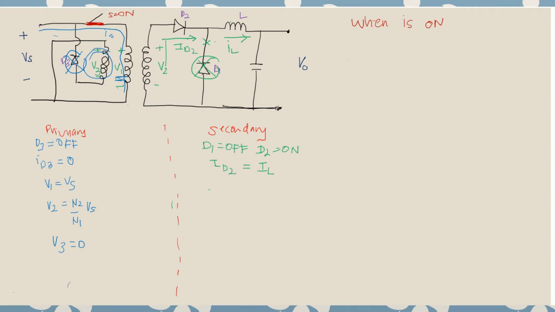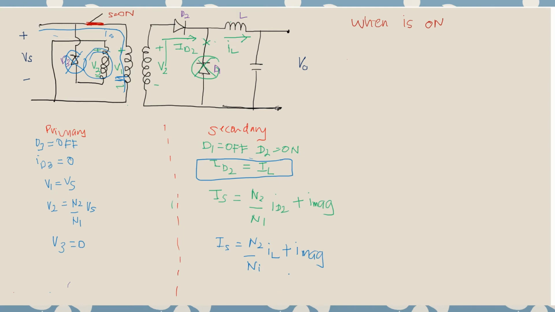For IS, remember the formula for IS given previously? Plus Imax. Because now ID2 is equal to IL, you can rewrite IS as N2 over N1 times IL plus Imax.